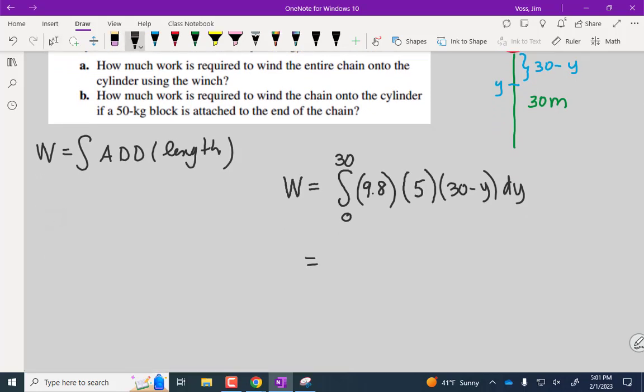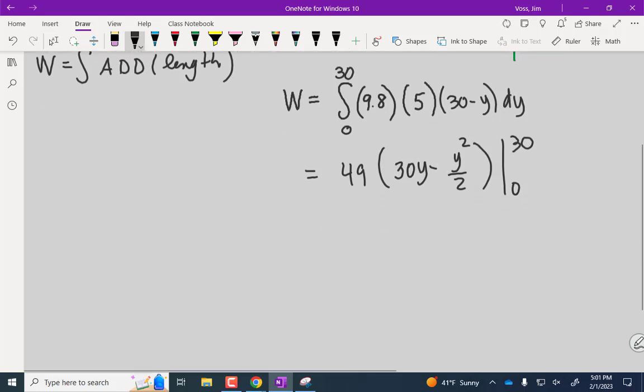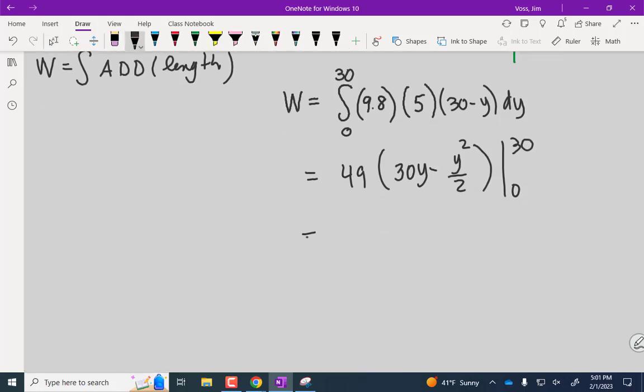So we'll have 5 times 9.8, that's 50 minus 1, 49. And then we'll integrate to get 30y minus y squared over 2, from 0 to 30. Plugging in the 30 gives 900 minus 450, so 450.